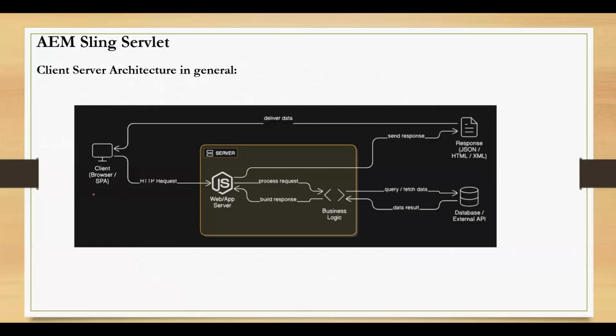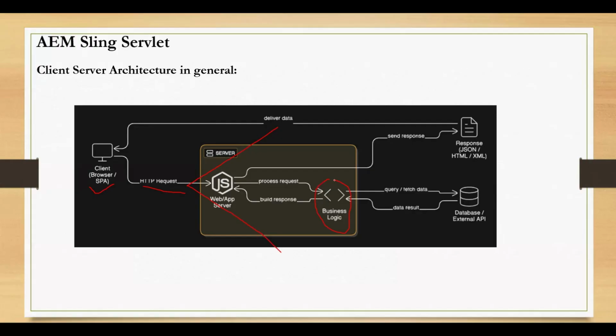Here, as I mentioned, the client can be any single page application, browser, or any other thing. From here we are hitting the URL and making an HTTP request call. This request information we are getting through the server. Within the server we are writing all the business logic. This logic can be in any language; it doesn't mean that it is Java or .NET.